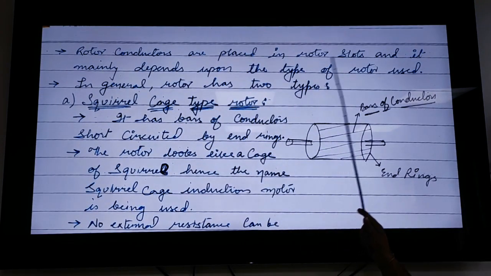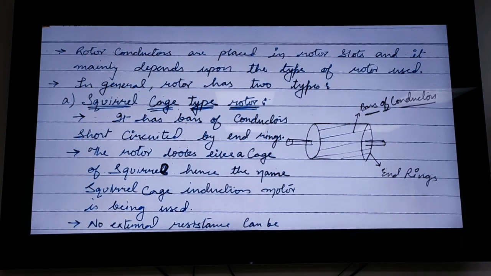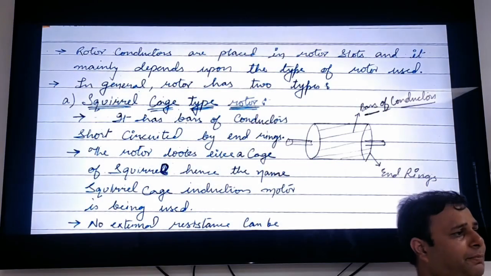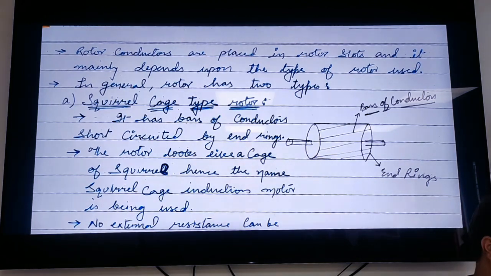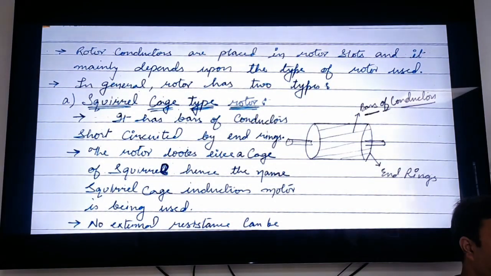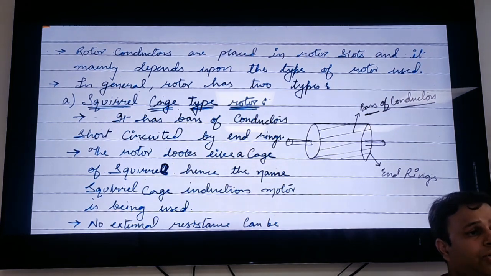Rotor conductors are placed in the rotor slots, and this mainly depends upon the type of rotor. Now, listen carefully. Depending upon the type or construction of the rotor, a three-phase induction motor has two types.